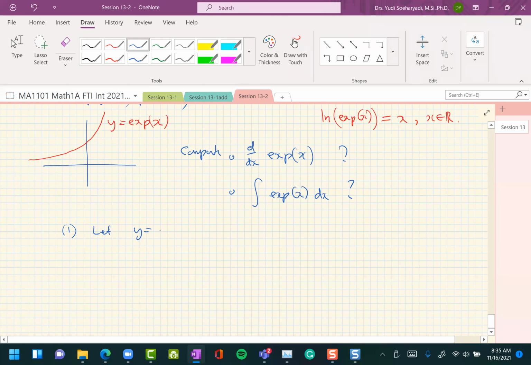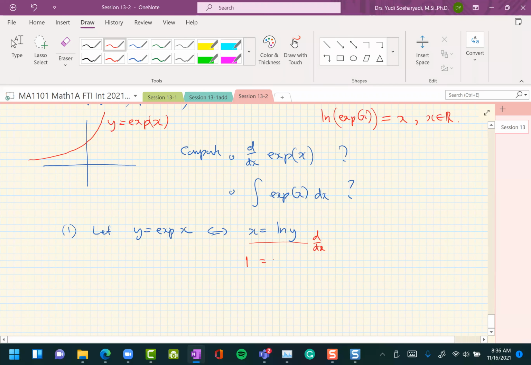Let y equal exp x. Okay, that means x equals ln of y. So if you take d/dx on both sides, you get 1 on the left-hand side and the derivative of ln of y on the right.